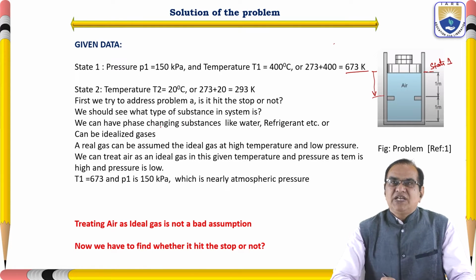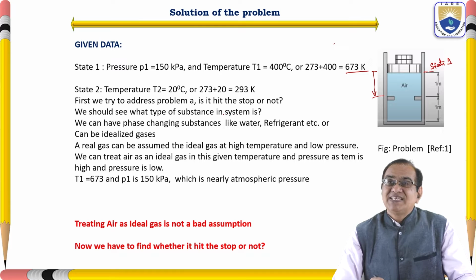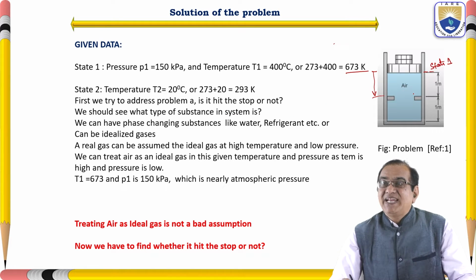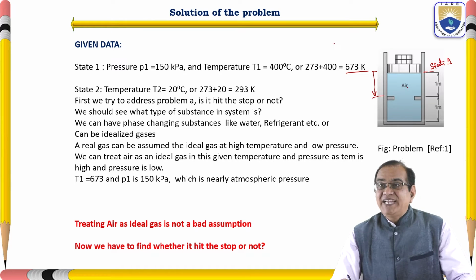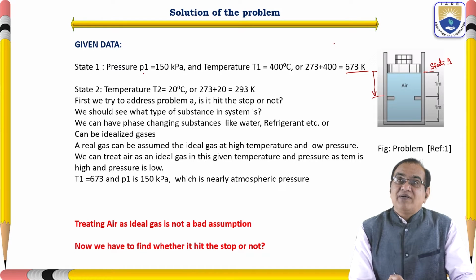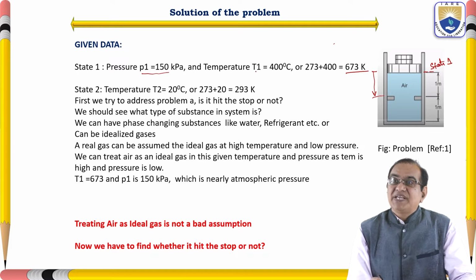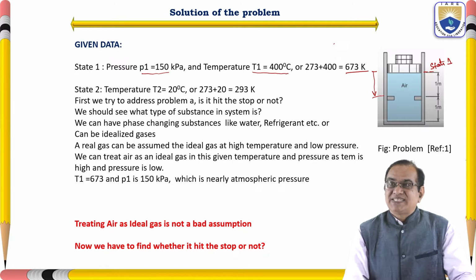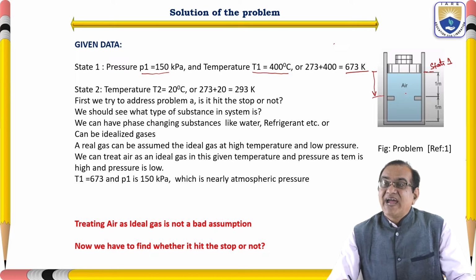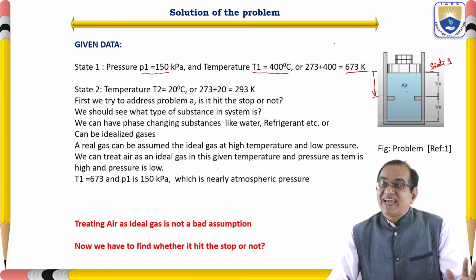So we should see what type of substance is in the system. Here it is given air. If we get water in its place, then we have to use the steam tables. But here it is air, at a low pressure and a high temperature. If any substance is at low pressure and high temperature, we can assume it as an ideal gas.